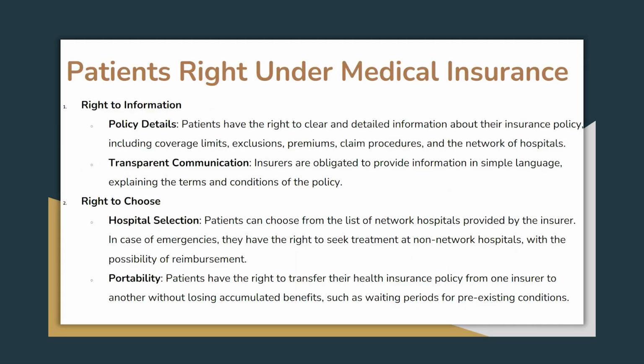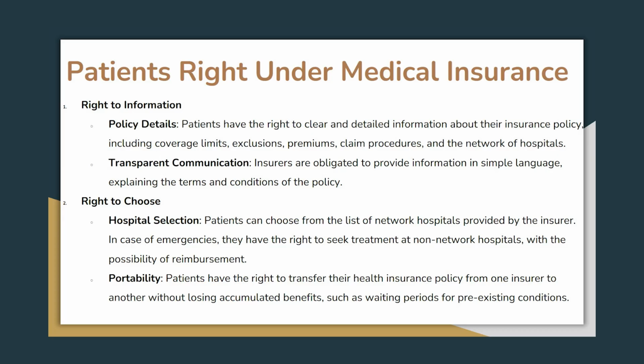Under these medical insurances, there are some rights of the patients also. Whenever a health insurance is to be opted for, the patient has a right to know everything about it: the policy details, how it will work, how it is going to cover, and which diseases are covered under the scheme.